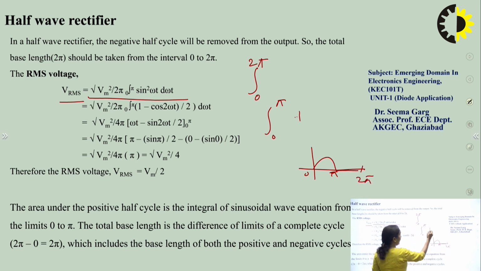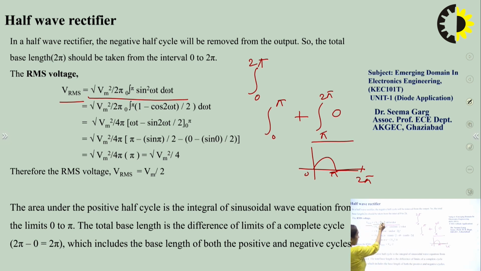So that part is omitted, and in this equation we have only Vm square by 2 pi. The base value is 0 to 2 pi for one complete cycle, and because the second part is 0, we show only 0 to pi, sine square omega t d omega t.